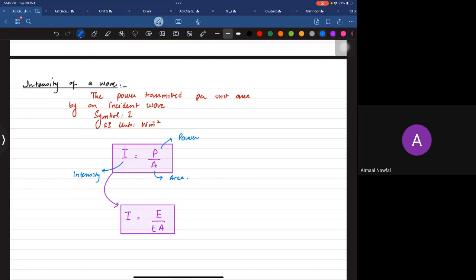What they've done is in this one, this is intensity, this is energy, this is time, and this is area. Basically, it's nothing but they have substituted power equals to energy over time in this formula to get that. That's all. You can please write this down and let me know if you have a question.